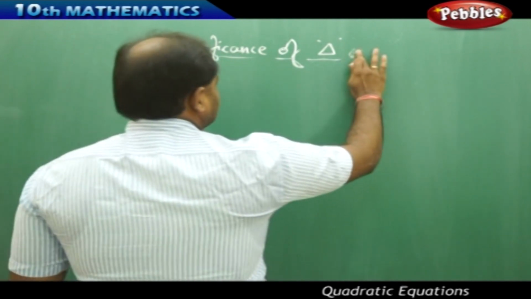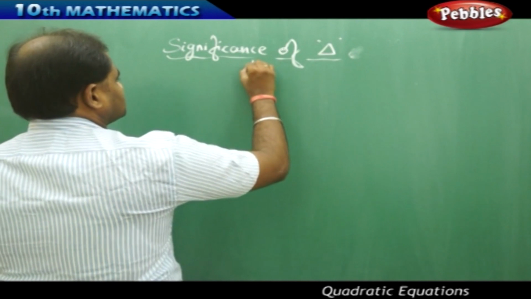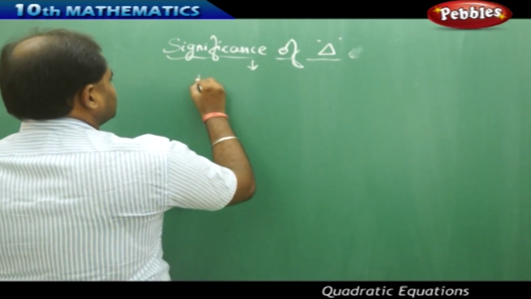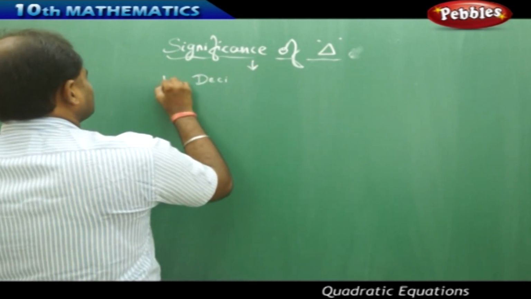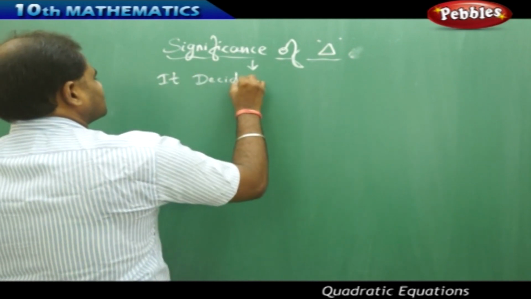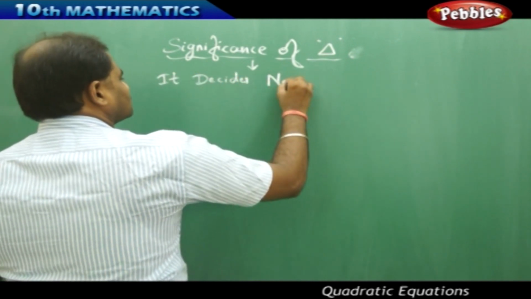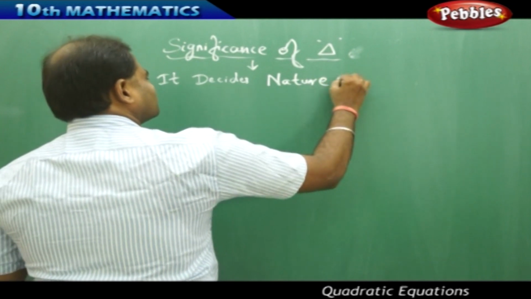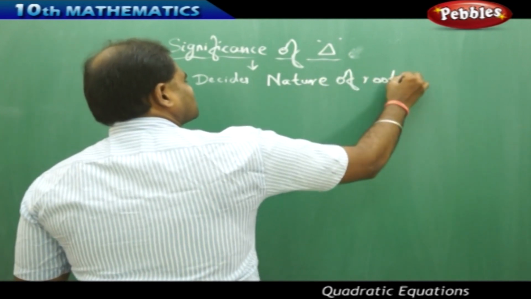So to start with, the significance of delta is that it decides the nature of roots.